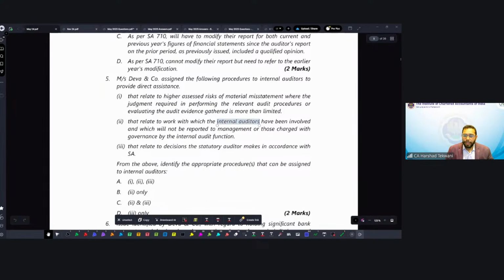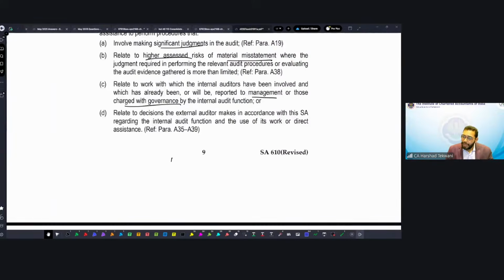Let's say, for example, I'm talking about areas with which internal auditors have been involved and which have already been or will be reported to management by the internal audit function. Why has this point been brought into the purview over here? Because they have already done the work, and that work will be reported to the management, which means that work is material. If something is reported to the management, this means this is material work, or important work, or you can say significant.